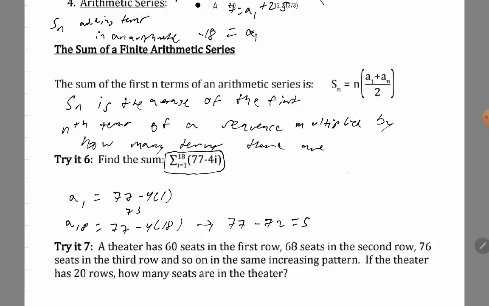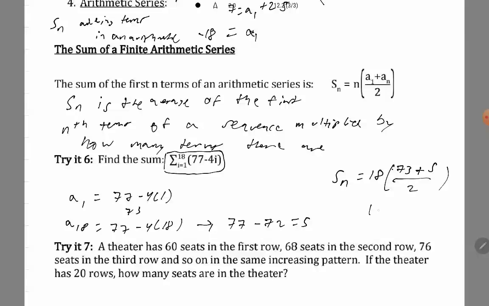And then we plug it into our equation here. S of n equals n, which is 18, the number of terms. a1 is my first term, 73, plus 5, my last term, divided by 2.